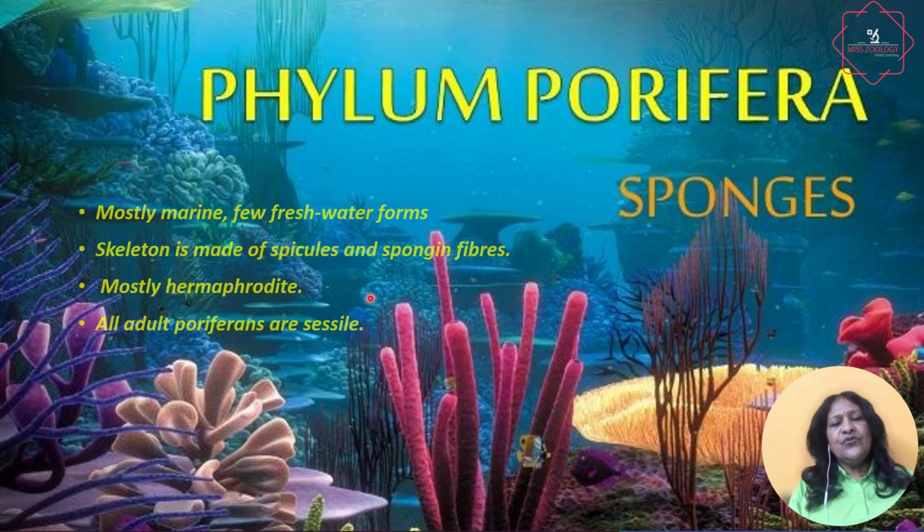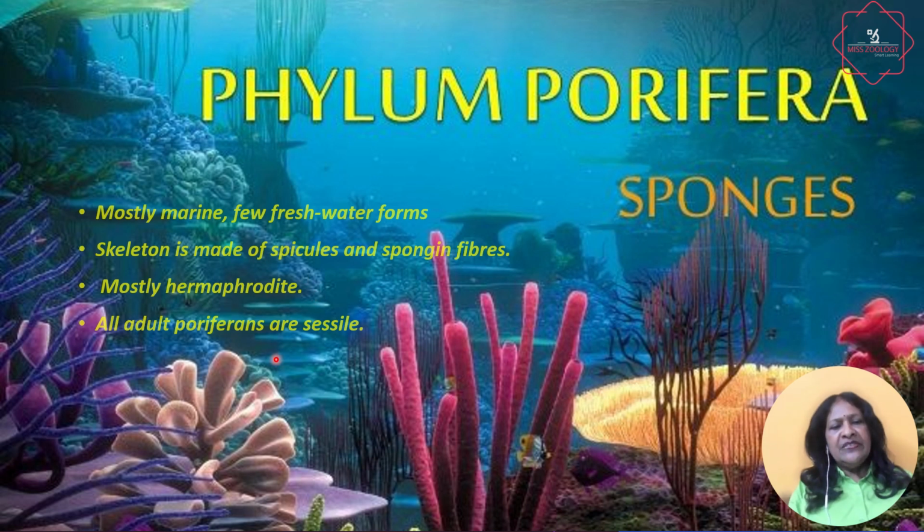Since they are soft-bodied animals, they have a skeleton which may be made up of either spicules or spongin fibers. The individuals are not identified as male and female separately. Rather, within the same individual, they have the male and the female reproductive organs, thus called hermaphrodites.